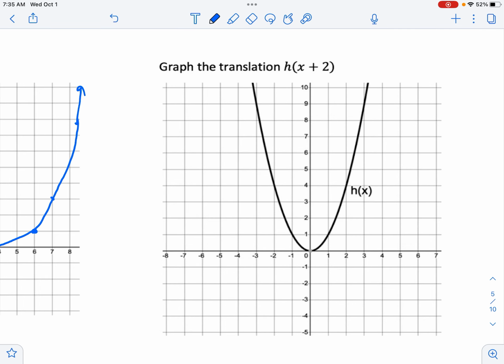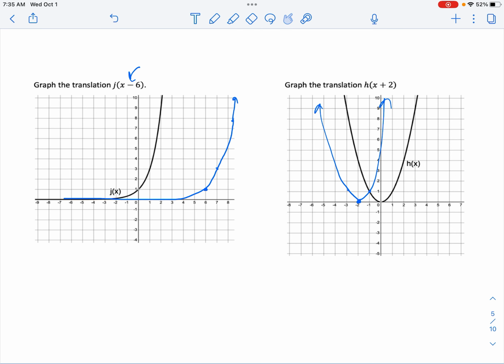This h of x plus 2, that's going to mean then to the left 2. So I'm going to go left 2 units and go up. There we go. So that's how you slide the translation left, right, up, and down.